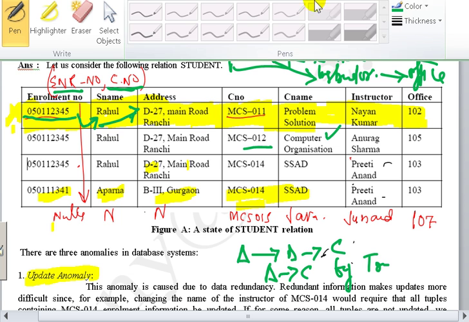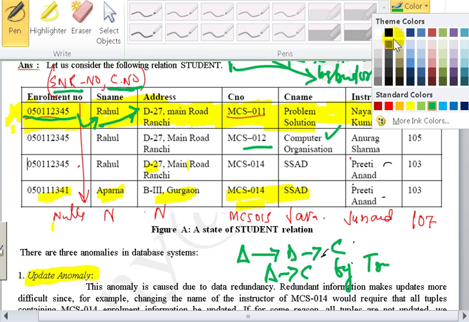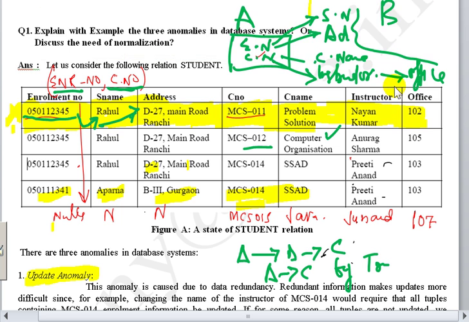Let me change my pen color to red. So office, how is it determined? By the instructor, right? How is the instructor determined? By the course number. So course number determines instructor and instructor determines office. So indirectly course number determines office. This is called transitive dependence.